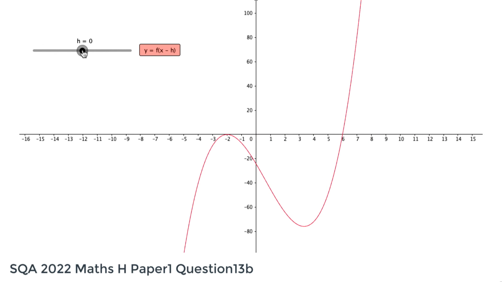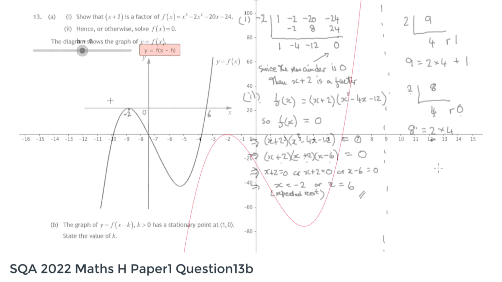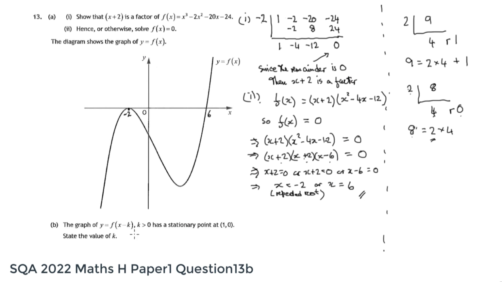So let's keep that in mind as we now look at the question they're asking us to solve. Here's what they're telling us. If we subtract a number from x in this formula f of x, then the graph we get has a stationary point at (1, 0).